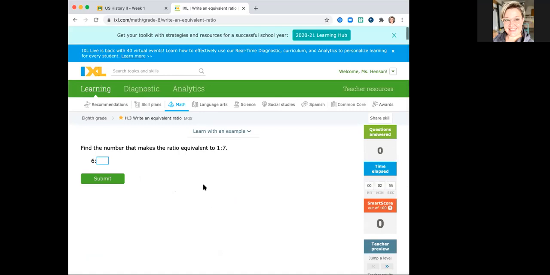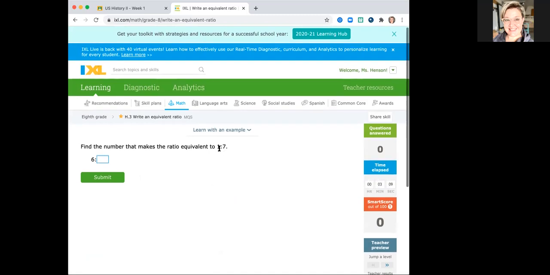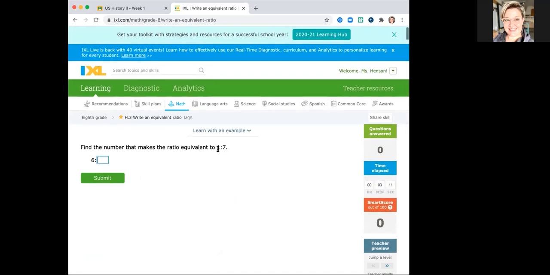So similarly with this, we're going to go from 1 to 7, and we need to find an equivalent ratio that is 6 to something. So another way you can say this is that for every one of this, there are 7 of these.